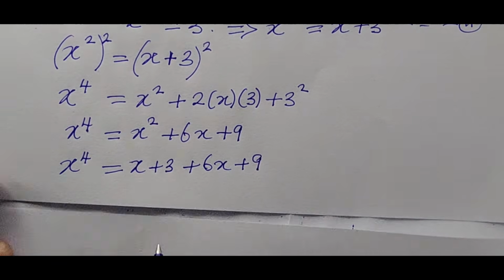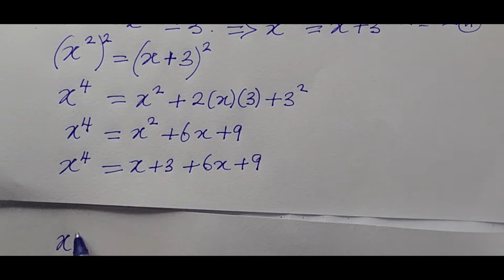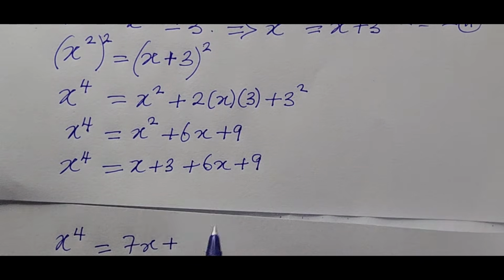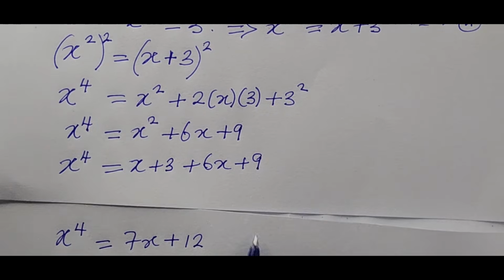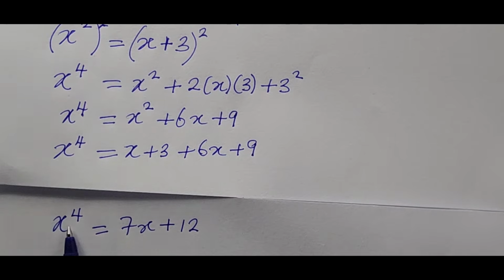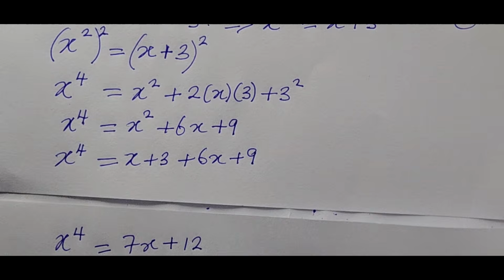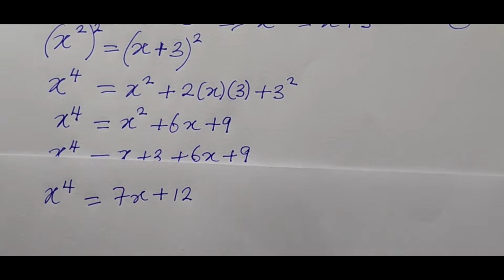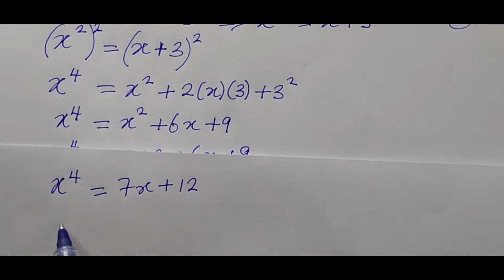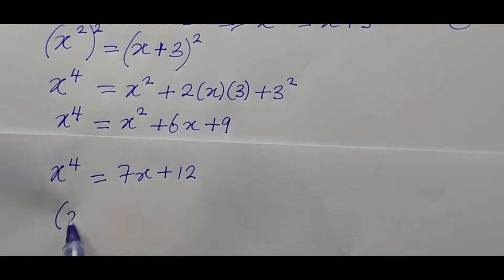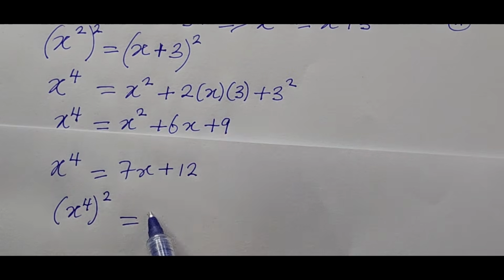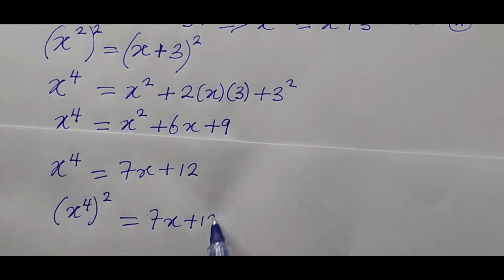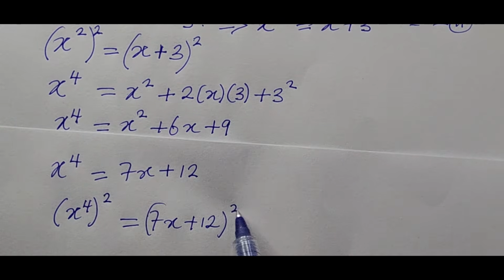So let's continue. From here, we can easily add up x and 6x. So we're going to have x to the power of 4 is equal to 7x, then 3 plus 9 will give us 12. Easy. Remember, we are trying to increase the power of x. So again, we want to square both sides of this equation. So x to the power of 4 all raised to the power of 2 equals 7x plus 12 all raised to the power of 2.